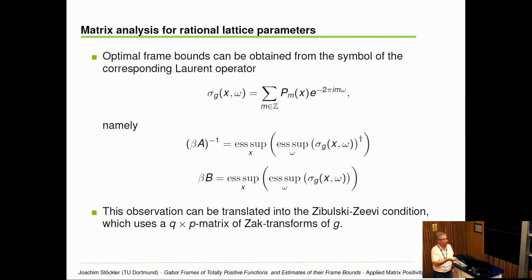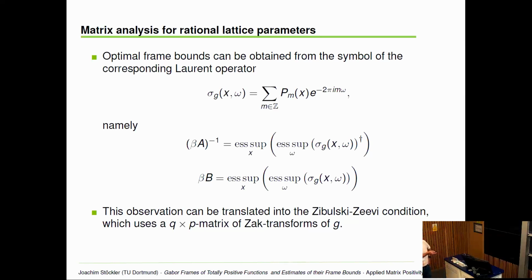And as soon as this is uniformly finite, you're done, and you get the optimal lower frame bound A by this equation. So the structured matrix allows you to turn things into a finite dimensional matrix valued problem, where omega is now a variable, and then try to analyze properties of the symbol sigma g.